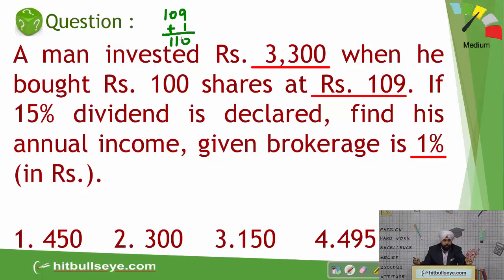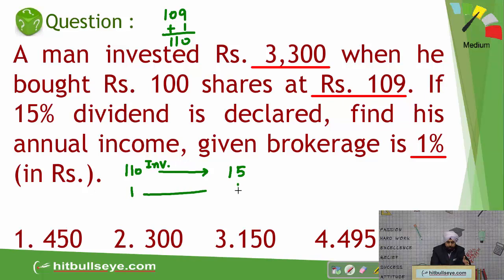Right students, now company pays 15% dividend, students. Now you invested 3300, how much you will get as the dividend? So if you invested only rupees 110, you will get an income of rupees 15, students, because you will have bought only one share. So if your investment is 110, your income is 15.